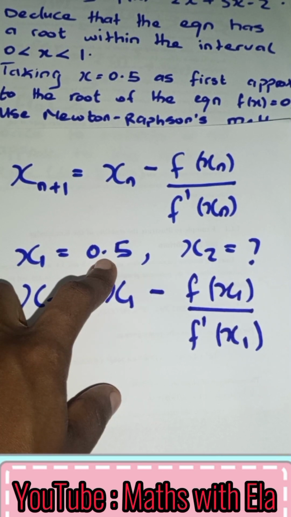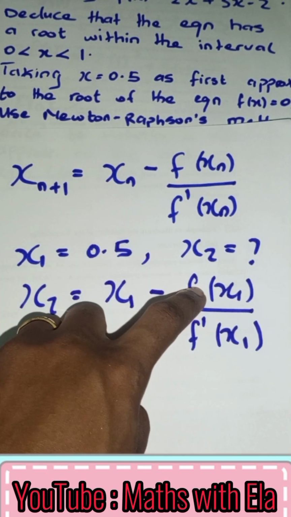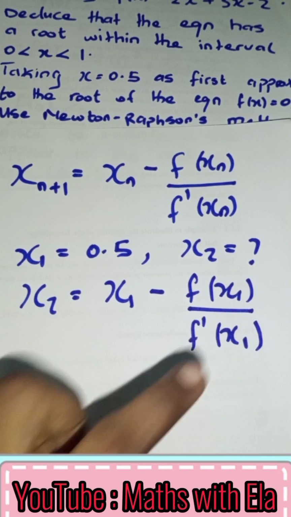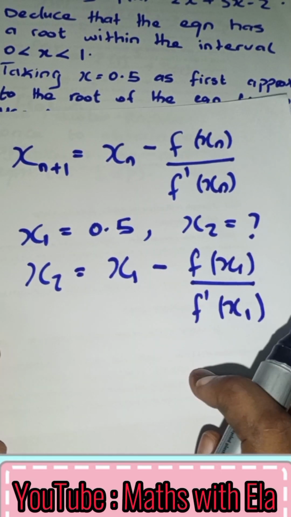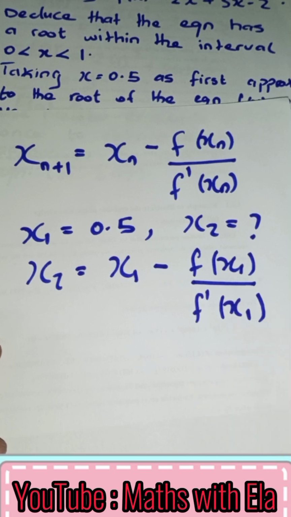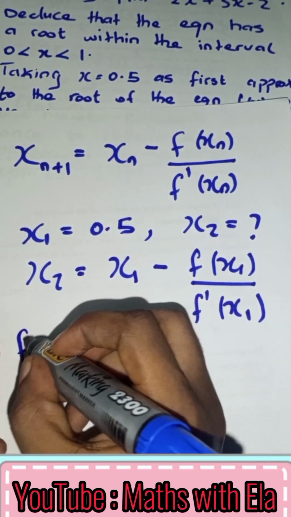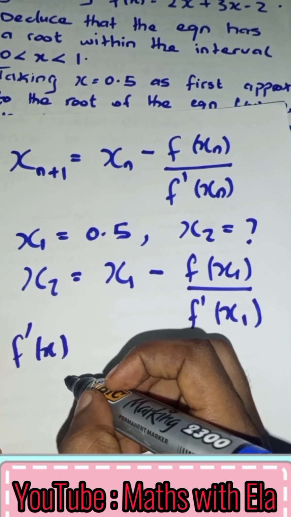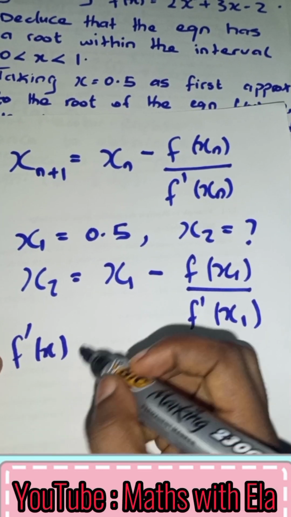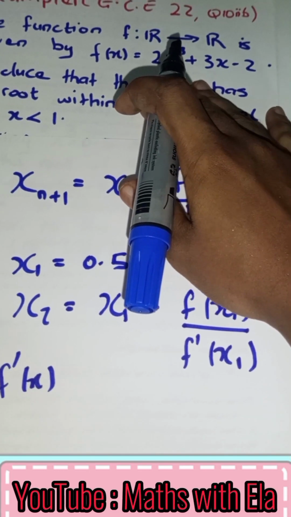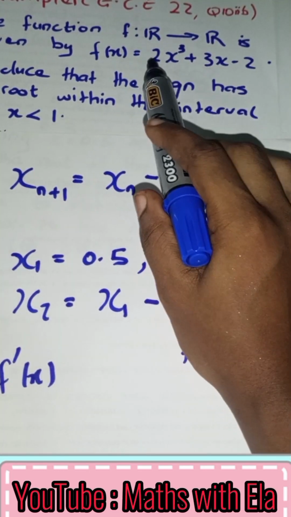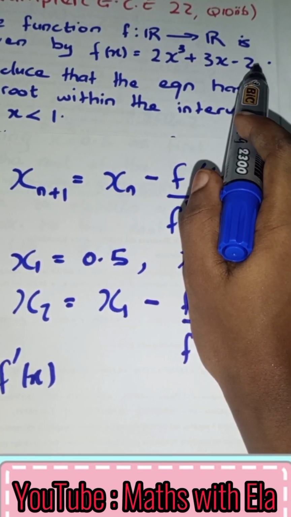So we have x1, we need to find f at x1 and f prime at x1. Now we need to find f prime of x first of all, before we can have f prime at x1. So we call this our f of x.